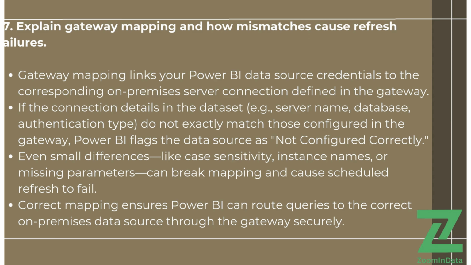Even small differences like case sensitivity, instance names, or missing parameters can break mapping and cause scheduled refresh to fail. Correct mapping ensures Power BI can route queries to the correct on-premise data source through the gateway securely.